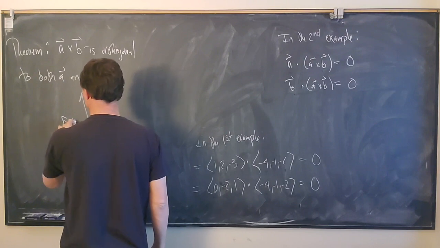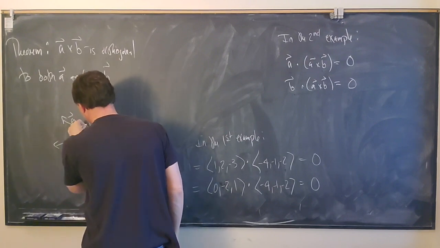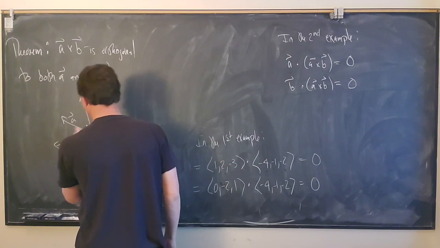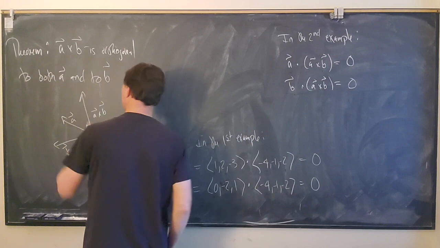Here's the vector A, here's the vector B, and so A cross B forms a right angle with both vectors.